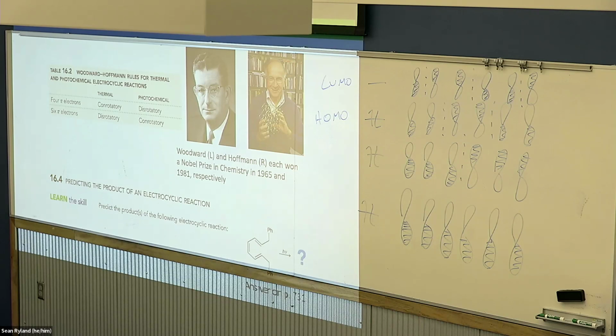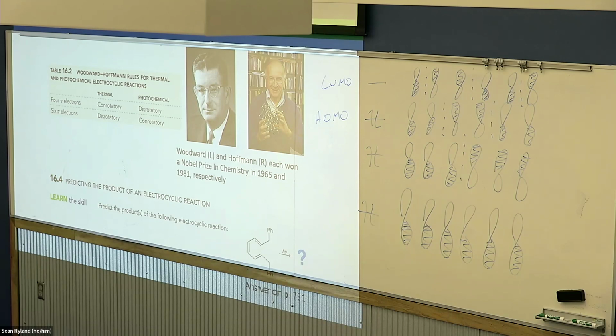Right, and so, again, to me, this is more confusing than the whole process, because this is just kind of giving you the end results. And it's limited, because what about 8 pi electrons? Basically, you can generalize with these.